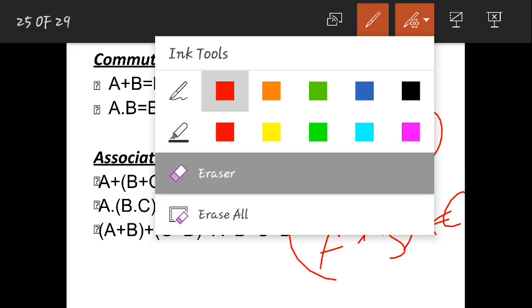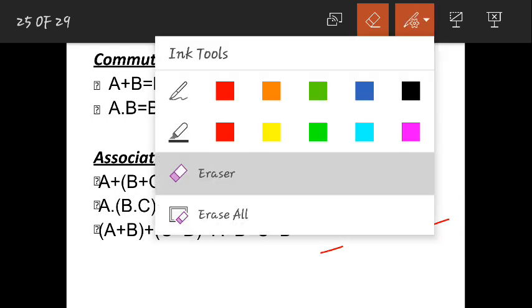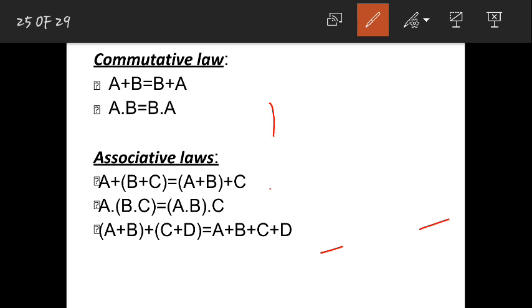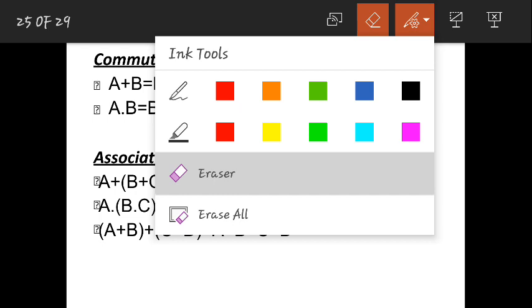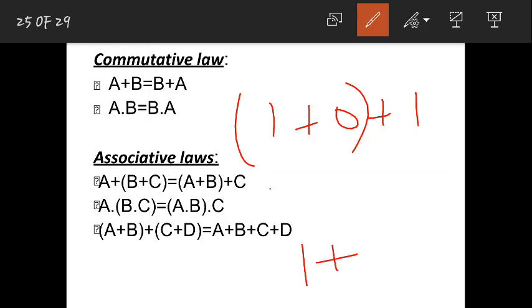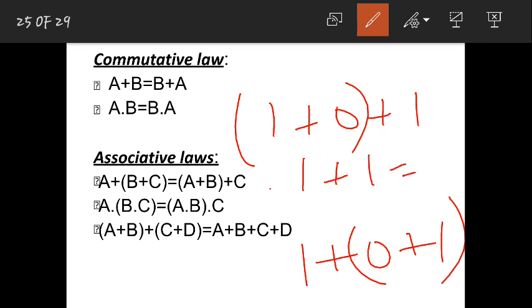So that means, say if you have 1 plus 0 plus 1, first if you solve this both, okay, and let me write the other thing, 1 plus 0, 1 or 0 or 1. See, we will check both the results. So this you will get as 1 or 1 is equal to 1. Okay, the result of this complete expression was 1.